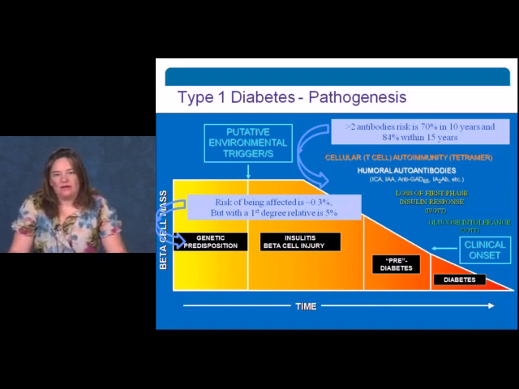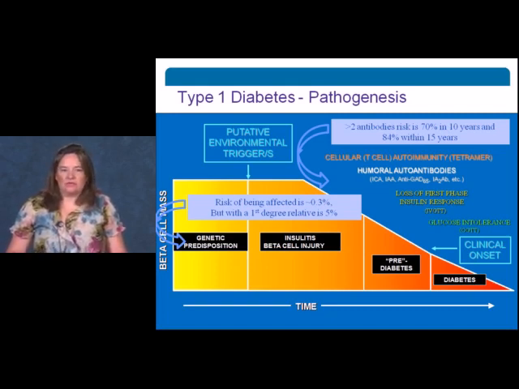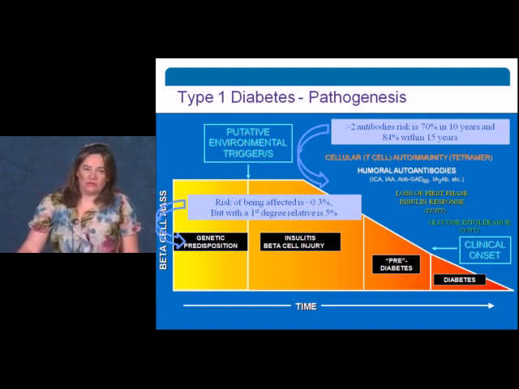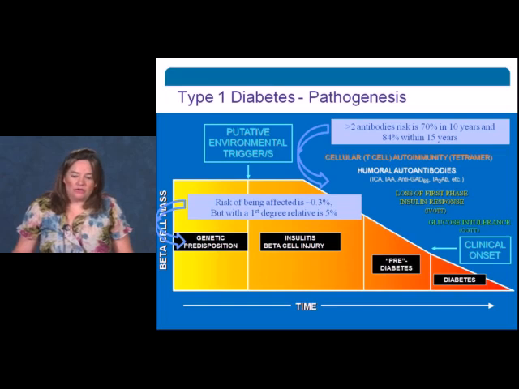So with that as a background, I want to show you our current model of our thinking in type 1 diabetes. Basically, there is a beta cell mass, which is the entire beta cell mass that you're born with. You're born with a genetic predisposition, and then there is a putative environmental trigger, which remains basically unknown at this point, or it may be a combination of several types of triggers or one trigger several times.